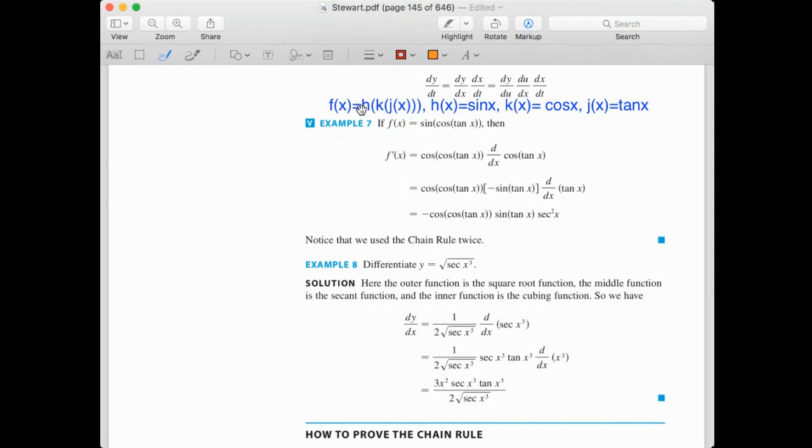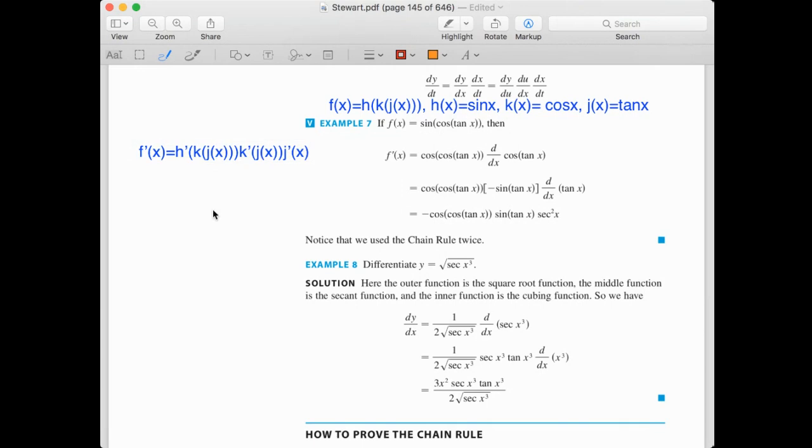So if we see f as composition of h, k, j, then when we take a derivative, f prime of x will equal to h prime, which takes k of j of x as input, then multiply by k prime, which takes j as input, then multiply by j prime.